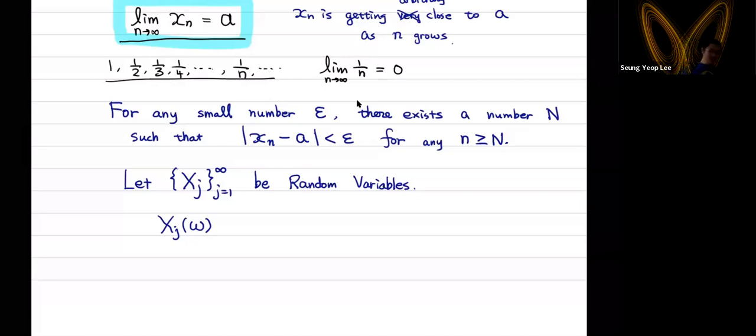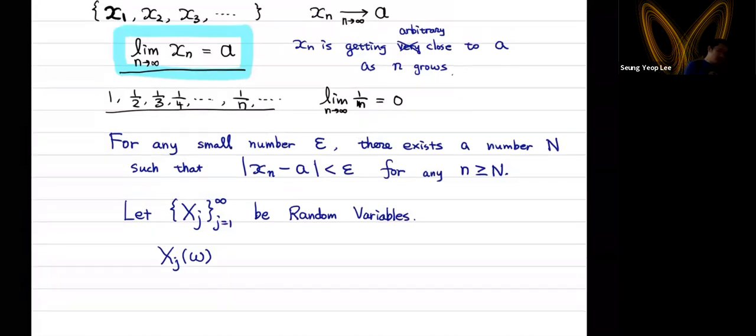Then this is a sequence of number, as I just introduced it before. This is just a sequence of number, because I fixed omega. So before was a sequence of function, but now it's a sequence of numbers. And this number may converge or not, right?